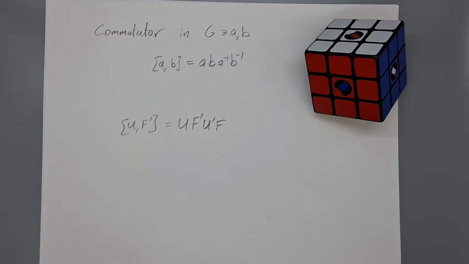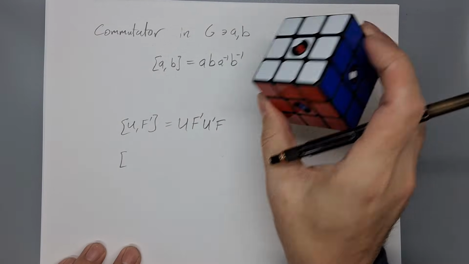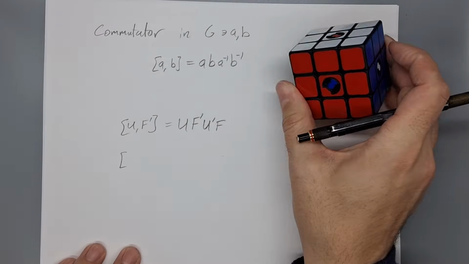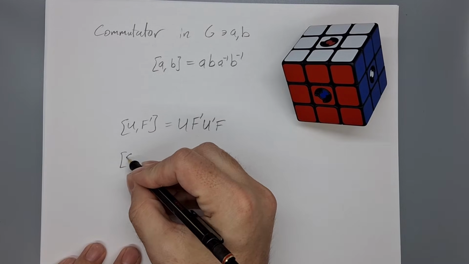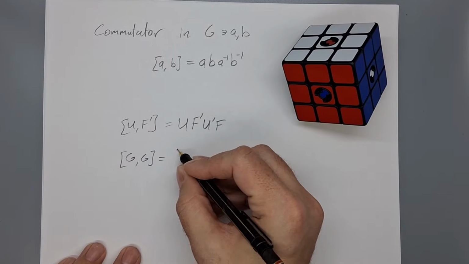And these are all of the kinds of moves that I can do on the commutator cube, which means that the group for this puzzle is a subgroup of the commutator group. So this is a useful group.